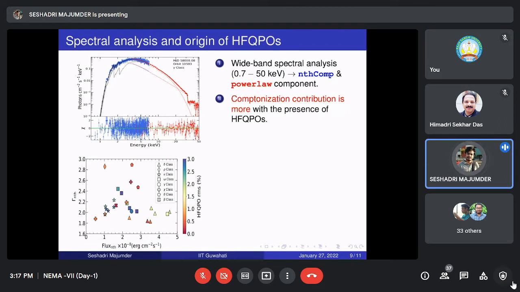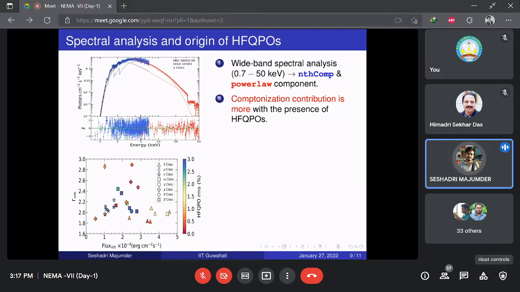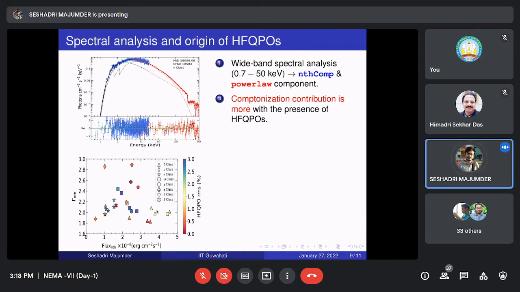We compared the spectral properties of these two classes, and we find that whenever the QPO is present in the power density spectra, the corresponding energy spectrum shows a dominance of the Comptonization component, that is, the flux with the NTH component. The contribution of this Comptonization is greater with the presence of high frequency QPO. Also, gamma NTH, the photon index of the NTHCOMP component, is found to be greater in the presence of high frequency QPO.